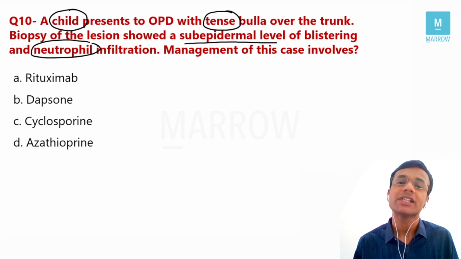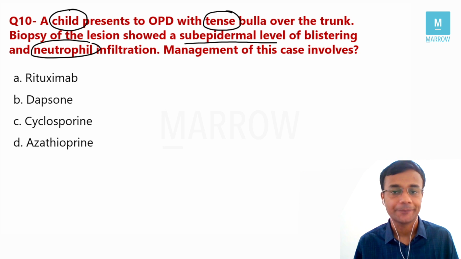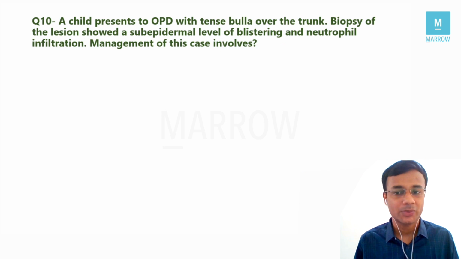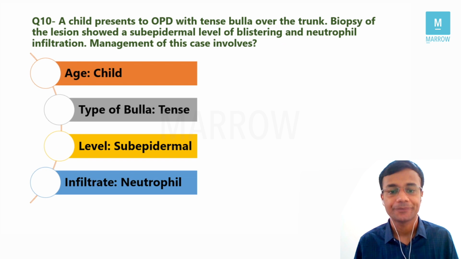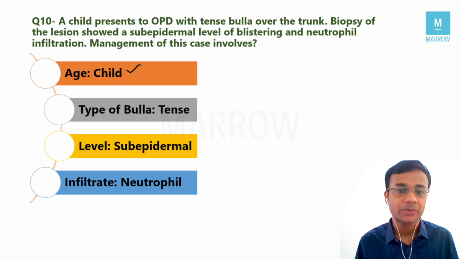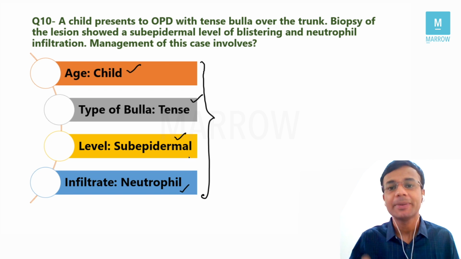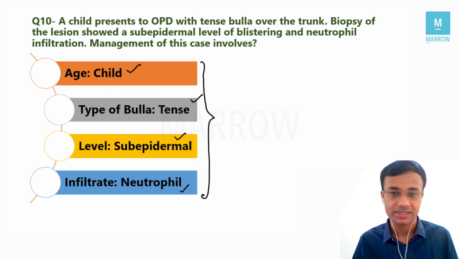Rituximab, dapsone, cyclosporine, azathioprine. Now, when you try to analyze this question, as I've already mentioned to you, there are 4 important clues here. So we need to fit into a particular diagnosis. There's a child in the question, tense bulla, subepidermal split, and neutrophils. So which disease are we talking about? Once you say subepidermal split, automatically pemphigus is out.